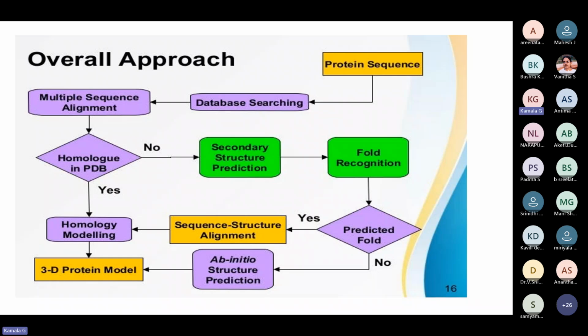We just check for suitable or similar sequences by using BLAST. Then we align them into multiple sequences, multiple sequence alignment. After getting the multiple sequence alignment and phylogenetic relationship, we just modify the amino acids.